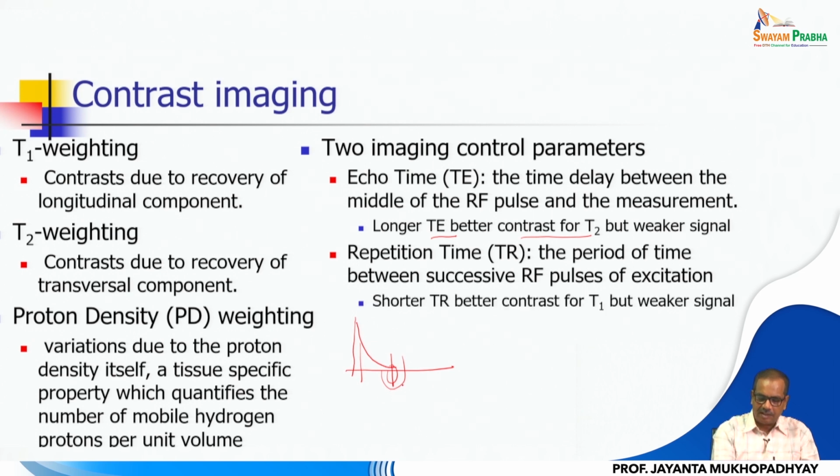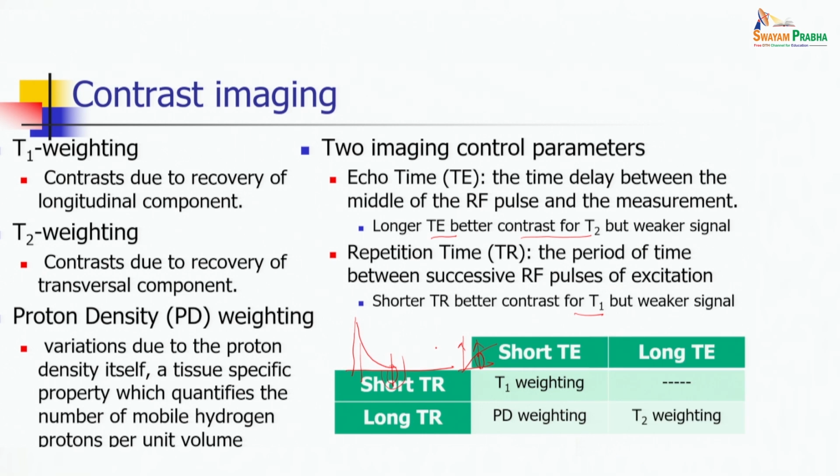On the other hand, with a shorter echo time, or shorter TR, you get better contrast for T1. That means if I have repeated excitation, we are not giving full recovery, so your signal is weak, but still the variation of T1 will give you the contrast among the volume. So this is the summary.